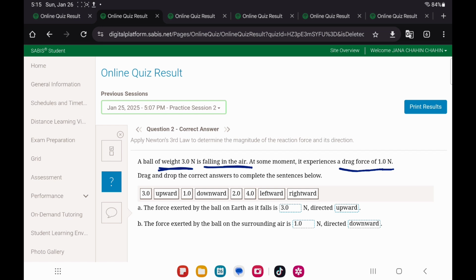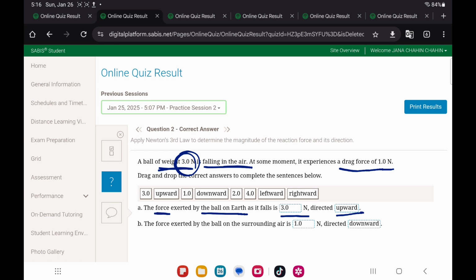Let's just remember that. Weight is the pull of earth on an object. So, the force exerted by the ball on earth, as it falls, they gave us, it's 3 newtons. And we know weight always directs downward, it always directs upward, okay? So, upward. The thing that directs downwards is the normal reaction.